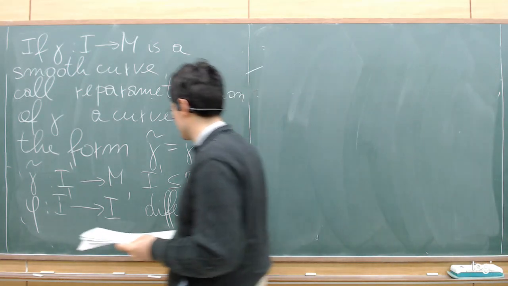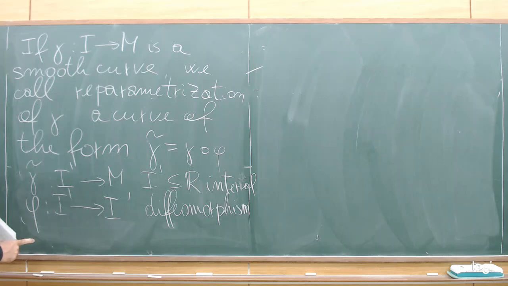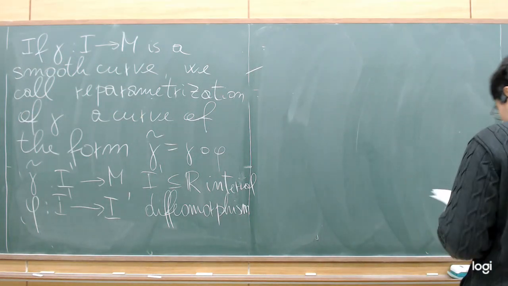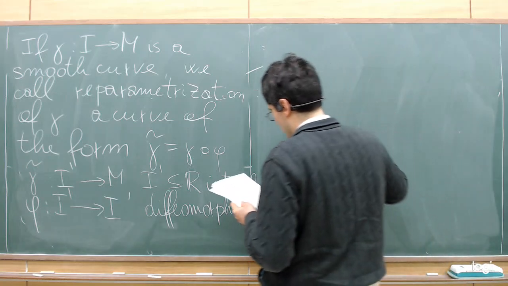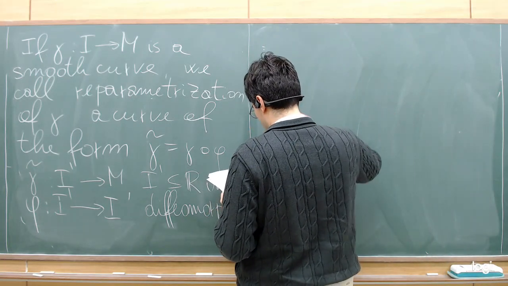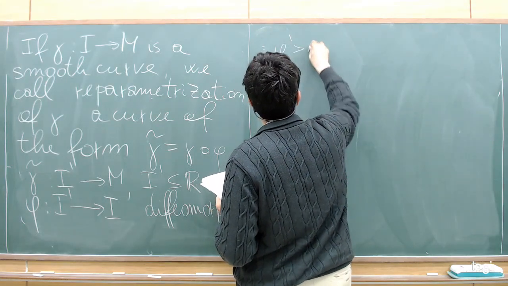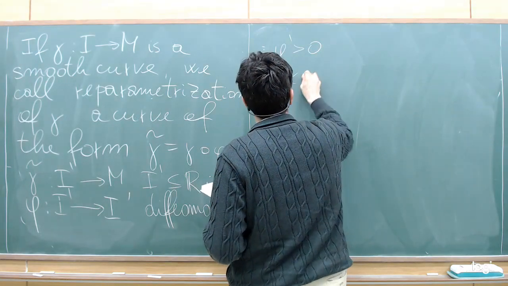Because of the fact that this map is a diffeomorphism, there are only two possibilities: phi prime is positive or phi prime is negative.